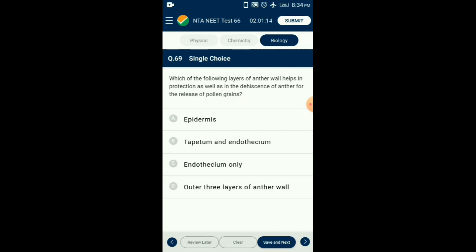It is generally surrounded by 4 wall layers: the epidermis, endothecium, middle layers, and tapetum. The outer 3 wall layers perform the function of protection and help in dehiscence of anther to release pollen. The innermost wall layer is the tapetum. It nourishes the developing pollen grains. So the answer is option D, outer 3 layers of anther walls.